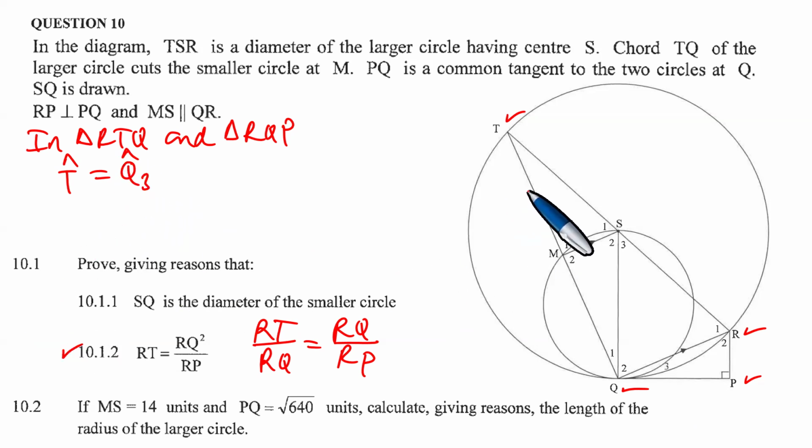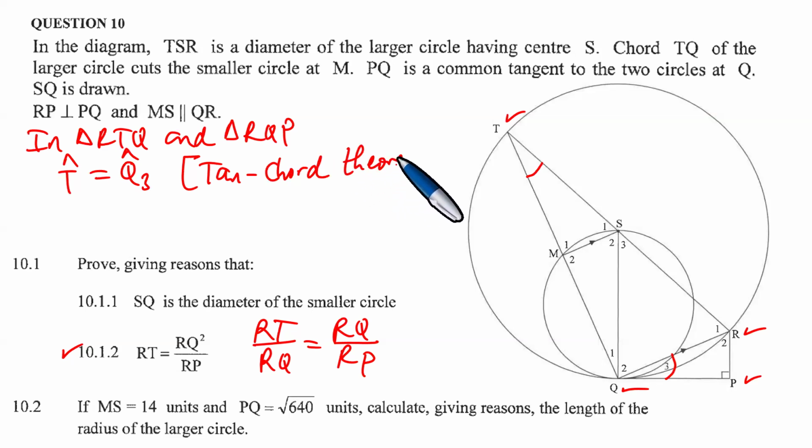Right, the angle T equals the angle what? It equals the angle Q3. And this is what we call the tan-chord theorem. So Q3 is equal to T, and this is the tan-chord theorem.